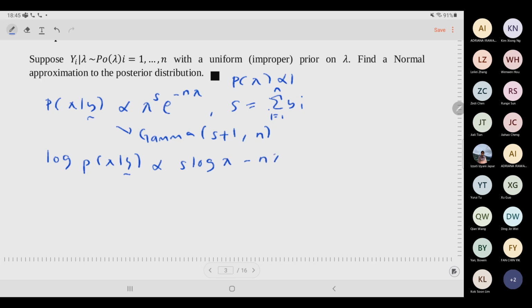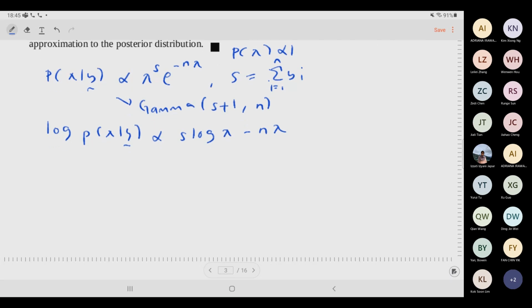Then you have to find the observed information.